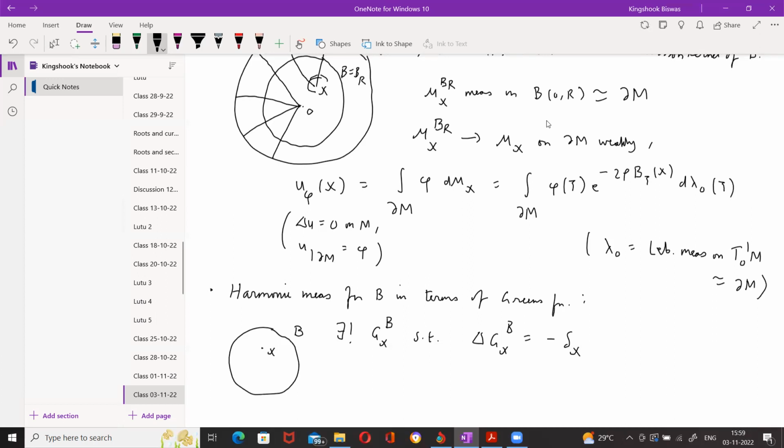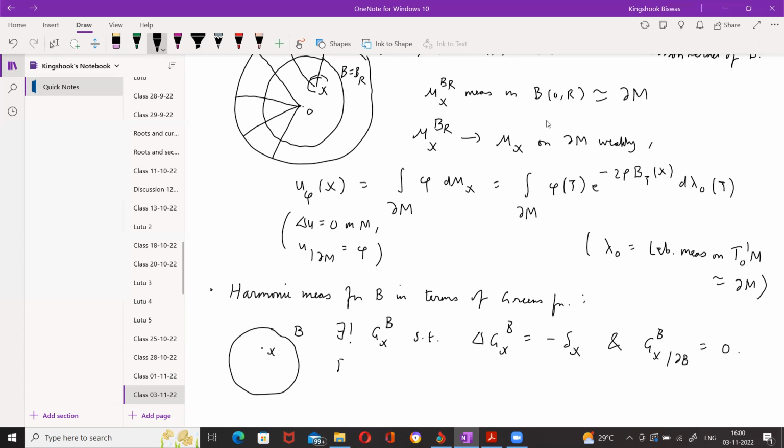We constructed these Green's functions with a pole. But what we want is a Green's function for the ball, so we want this to be 0 on the boundary of the ball. So GXB restricted to the boundary of B is equal to 0.